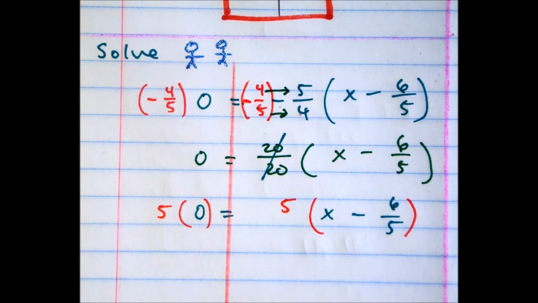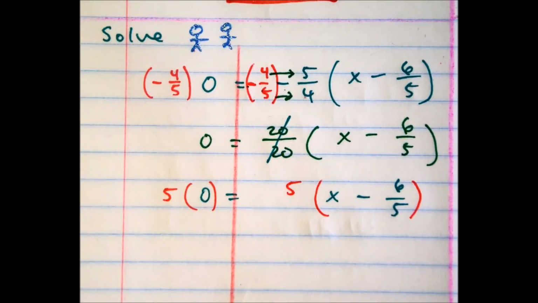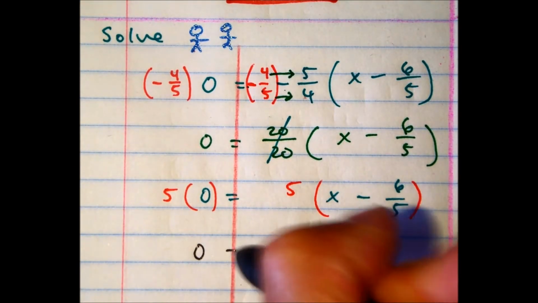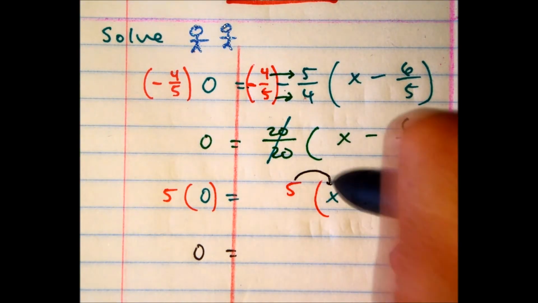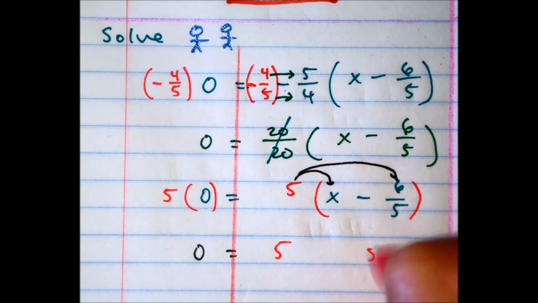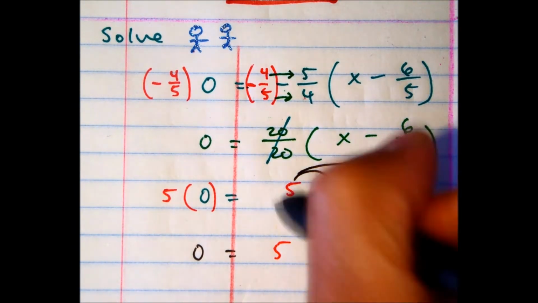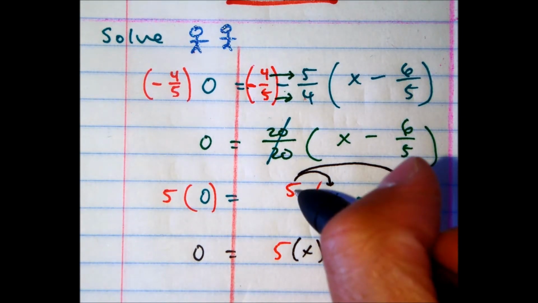Let's see what happens. Class, 5 times 0? 0. Let's multiply now this 5 to each of these terms. 5 times x. This 5 here, is it positive or negative?